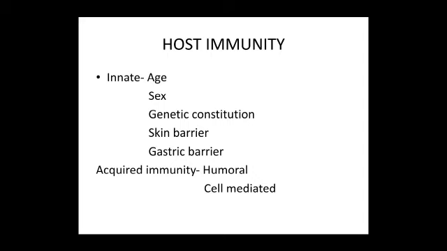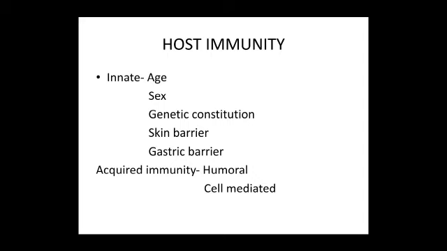Host immunity. The host immunity can either be innate immunity or acquired immunity. Innate immunity depends on the age, sex, genetic constitution, skin barrier or gastric barriers. If you see the age, both extremes of age are more vulnerable to parasitic infections.